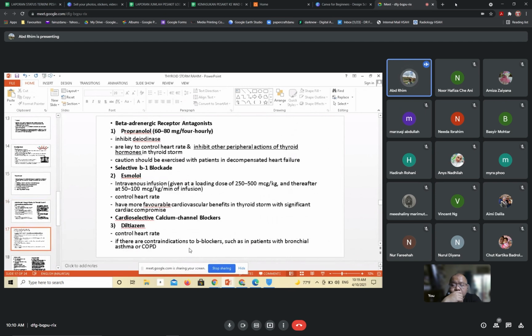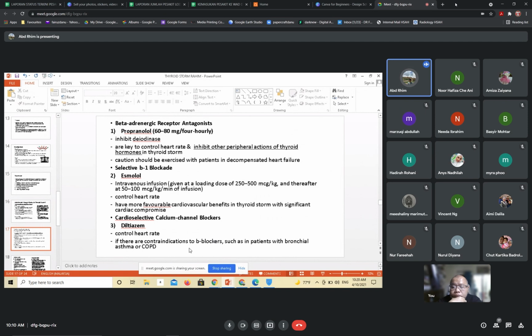Next one is beta-adrenergic receptor antagonist, for example propranolol, 60 to 80 mg QID. This medication inhibits the deiodinase and is key to control the heart rate and inhibit other peripheral actions of thyroid hormone. Caution should be exercised with patients in decompensated heart failure. Next one is selective beta-1 blocker, for example esmolol.